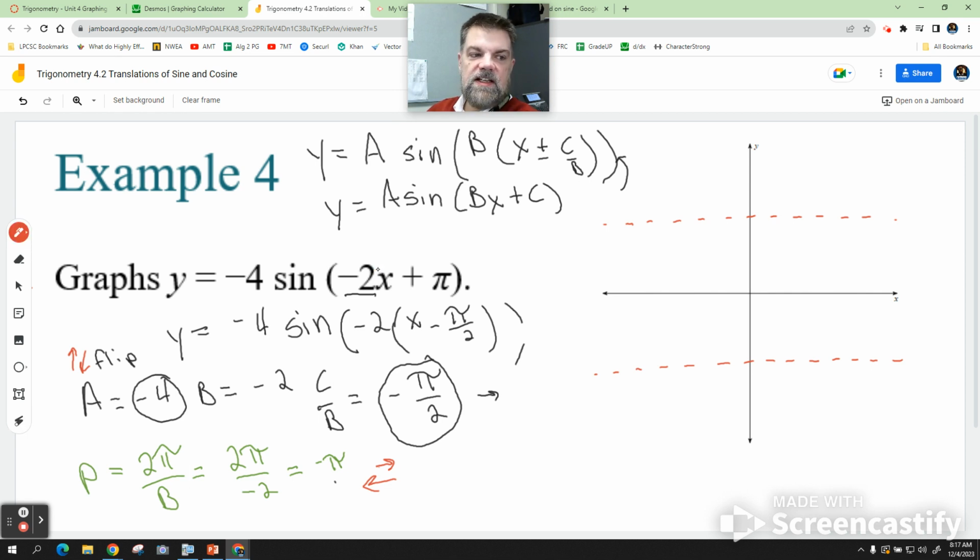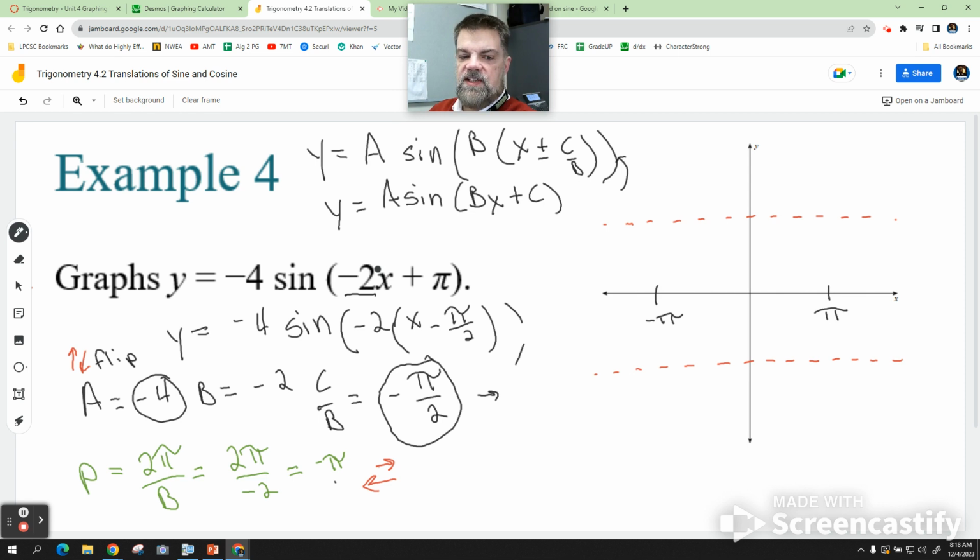Okay, so let's figure out where we're going to have the peaks and valleys. So originally, my period would be pi or negative pi. Not originally, but after this part of the transformation.